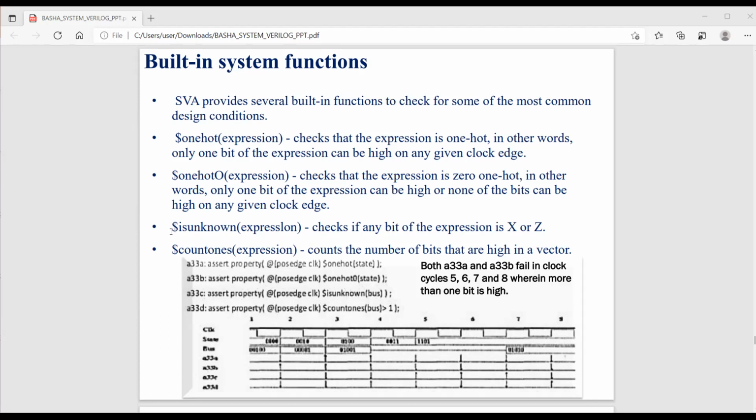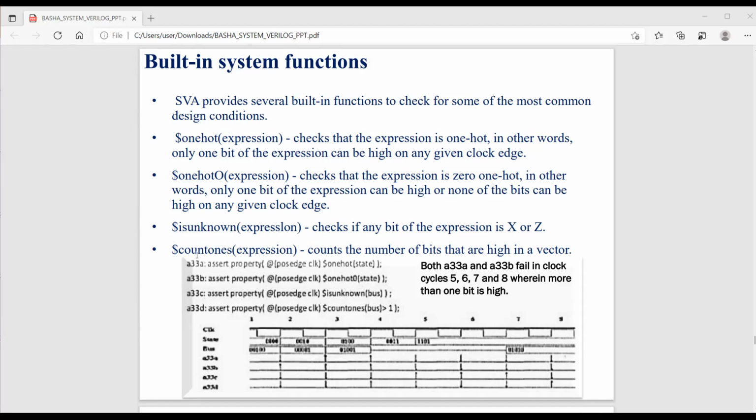So you can use $isunknown of wdata, the signal you want to know about. It will check if any bit of the expression is X or Z. Let's say you have 32 bits. We don't know which bit will be X or which bit will be Z, so in order to know that, you can use $isunknown.